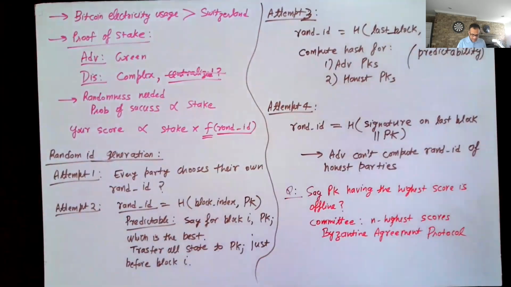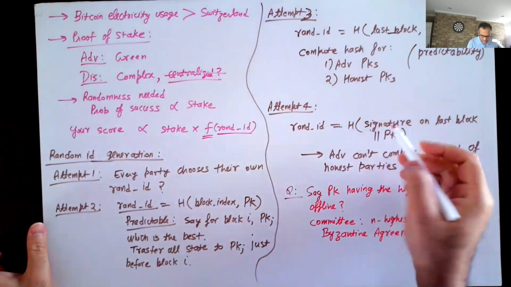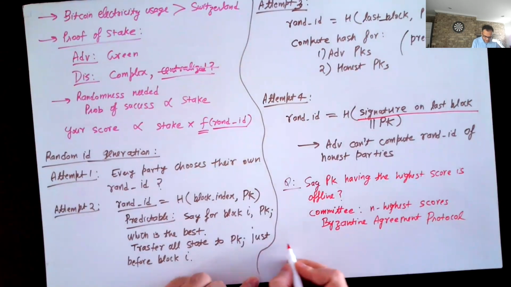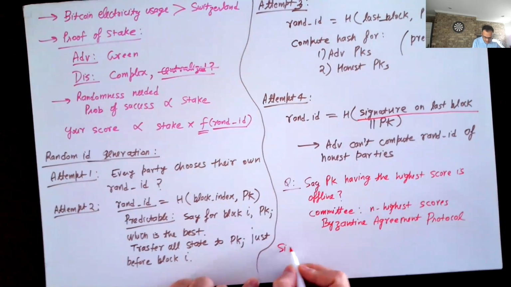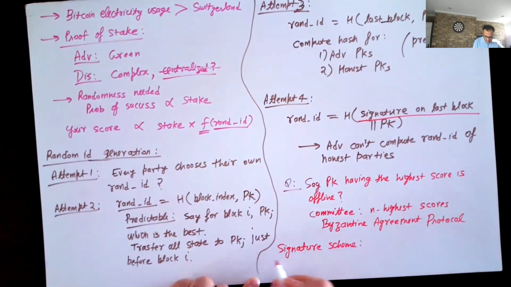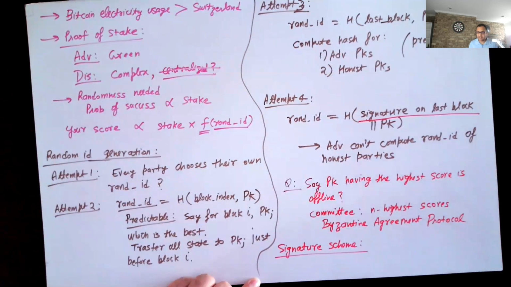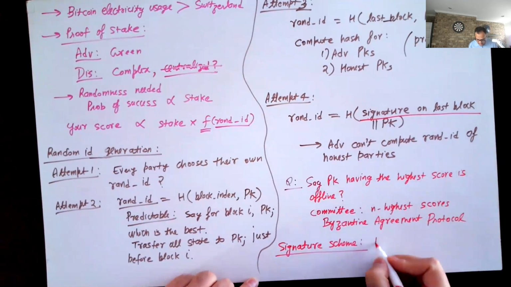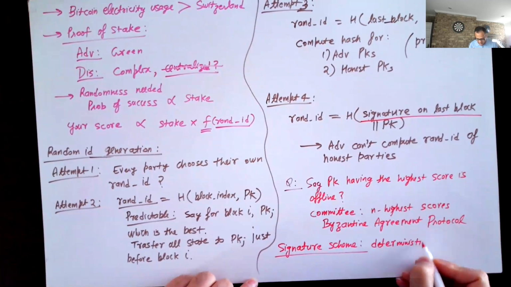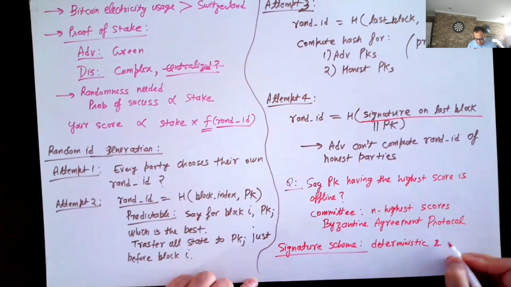And yeah, by the way, another thing which I didn't mention is that the signature on the last block, the signature scheme which you are using, must be deterministic and unique.